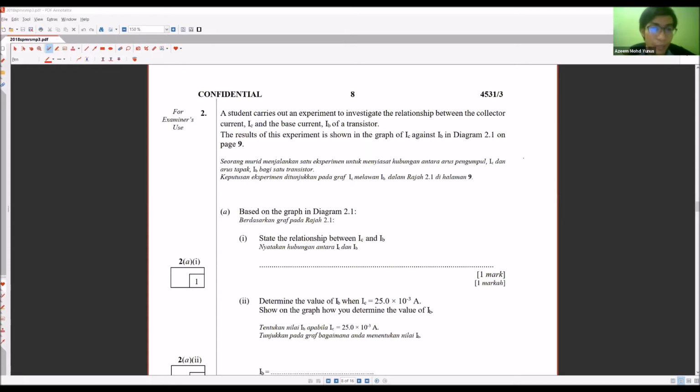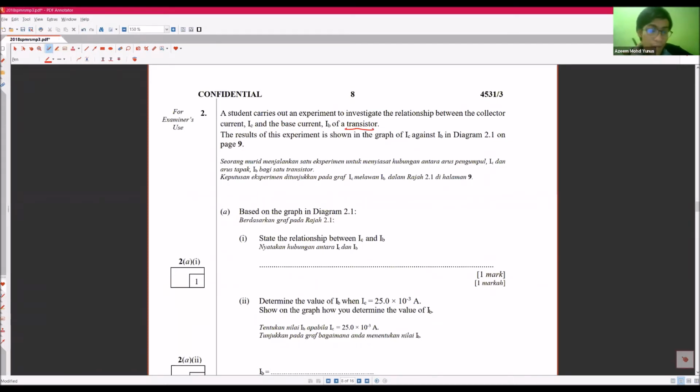So let's continue. Today I picked a question from SPM RSM 2018. A student carries out an experiment to investigate the relationship between the collector current IC and the base current IB of the transistor. This is a topic from Form 5 that you haven't learned yet, but it doesn't matter because we need to analyze the graph only.